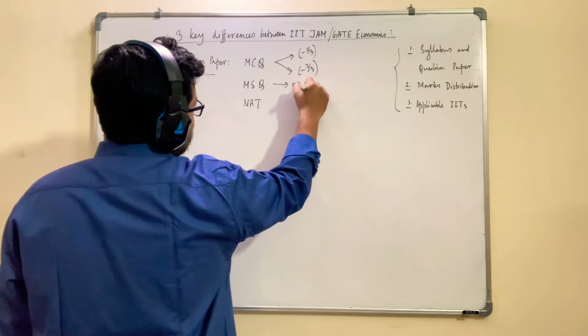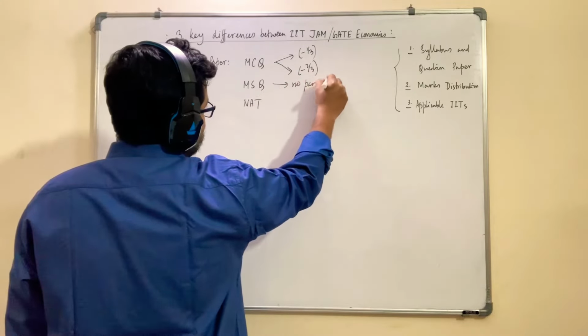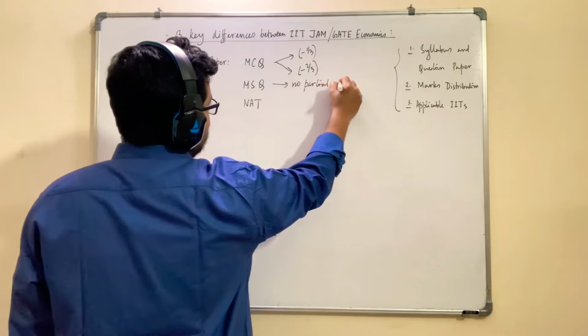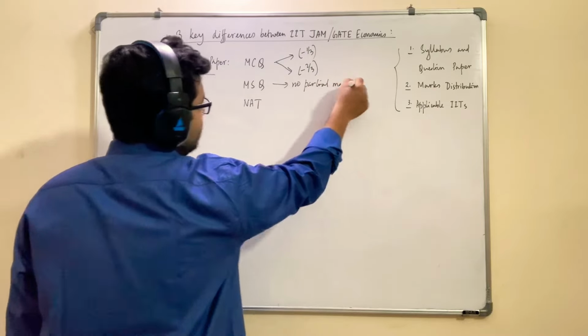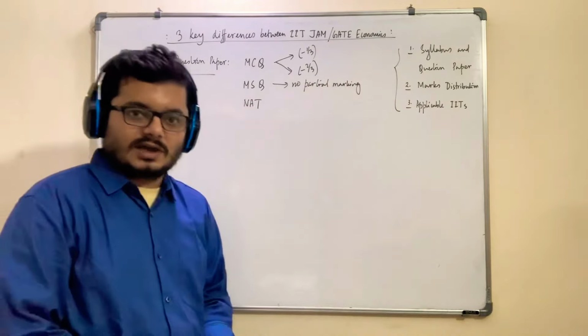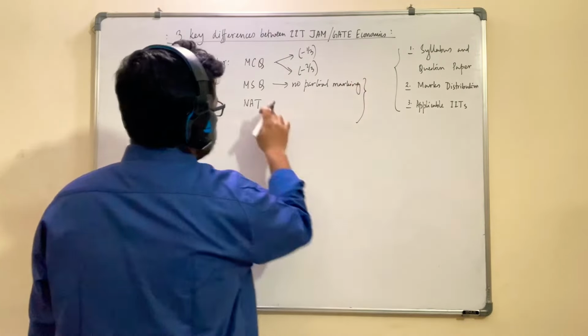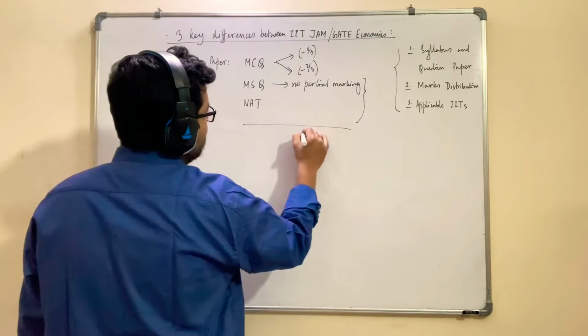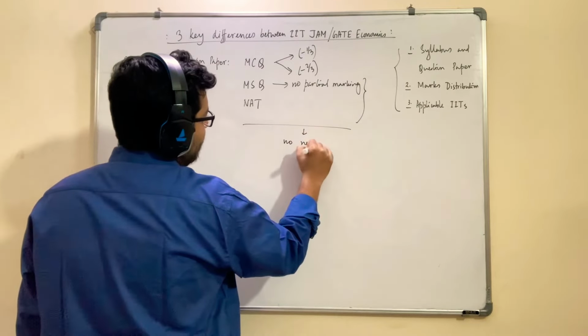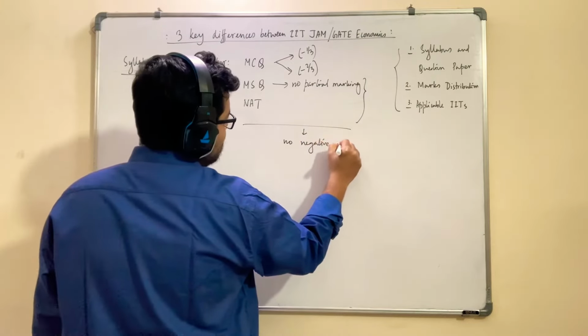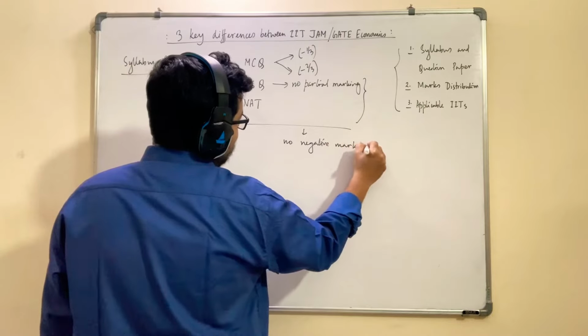For MCQ, no partial marking. For MSQ, no partial marking. So that means if you miss one of the options, you get 0. But also in these two, that is MSQ and NAT, there is no negative marking. So this much matches for both JAM and GATE, right?